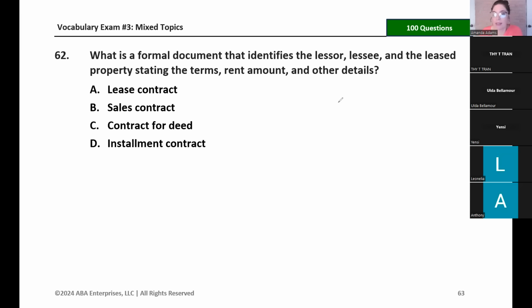What do we call that? That is called a lease contract. Okay, and don't forget lessor, that's another word for landlord, right? The owner of the property, typically the landlord. The lessee, that is the renter.